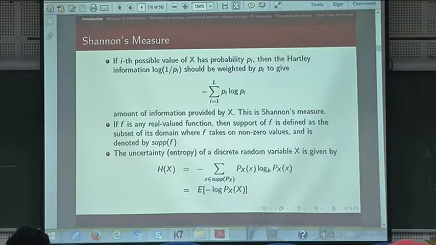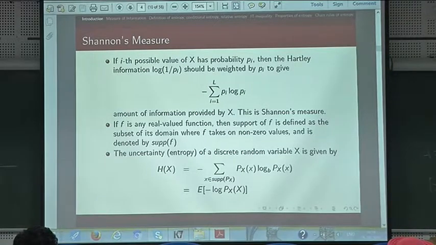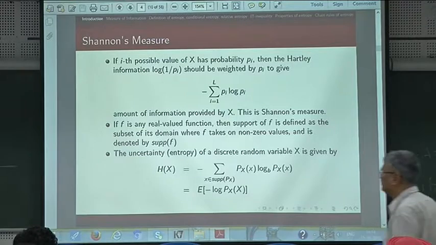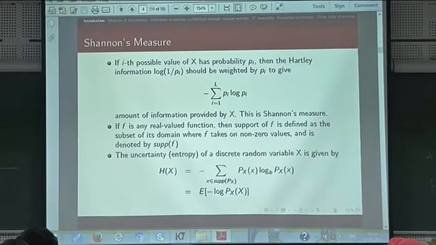Okay, what about the next point here? Can somebody help me understand that point? So, what this is saying is, if you look at the summation P(x) log P(x), so P(x) is multiplied by something, and that something is log P(x). So that means it is the expected value of whatever that something is, and that something is minus log P(x), because expected value of any function of a random variable is defined this way.